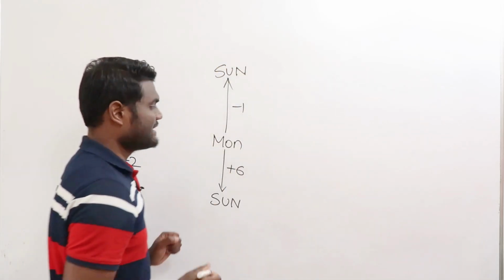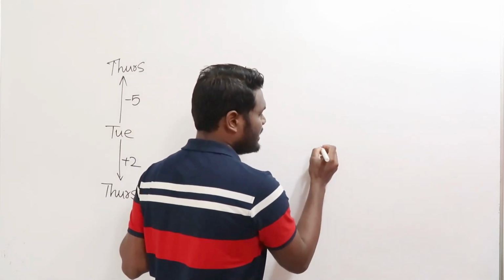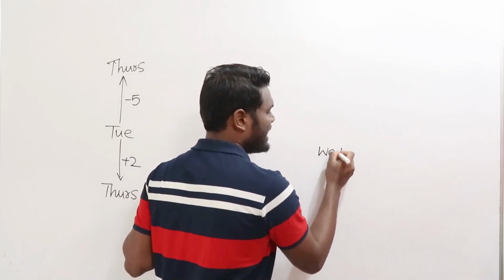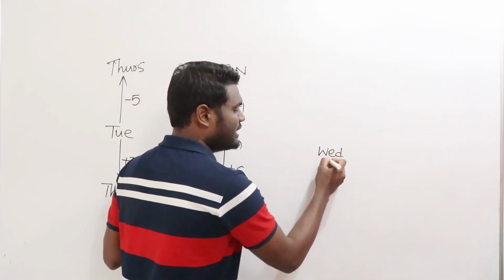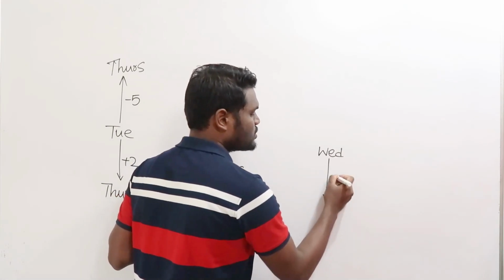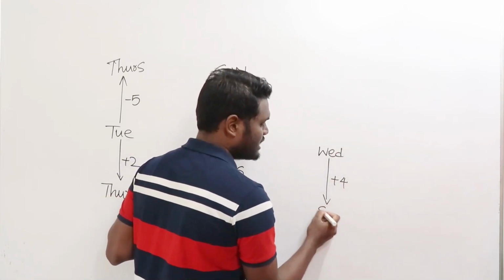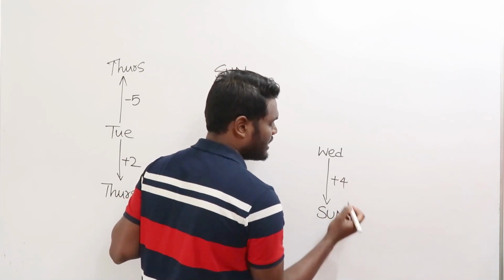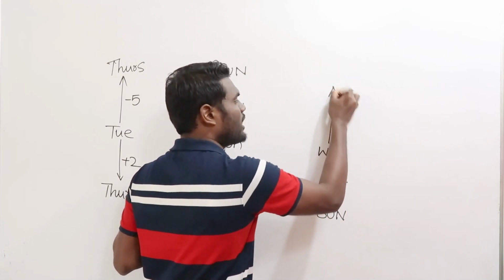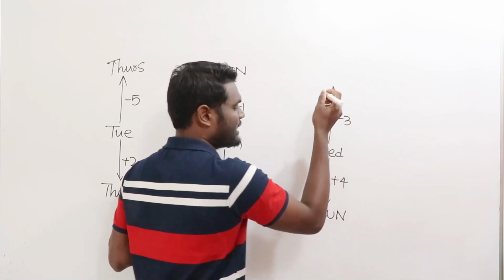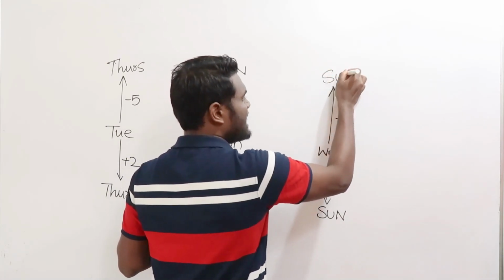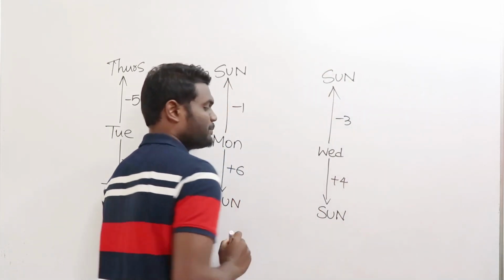Let us say today is Wednesday. What would be the day after 4 days? After 4 days, it is going to be Sunday. If I ask you the question, what would be the day 3 days back? 3 days back, it is again going to be a Sunday.